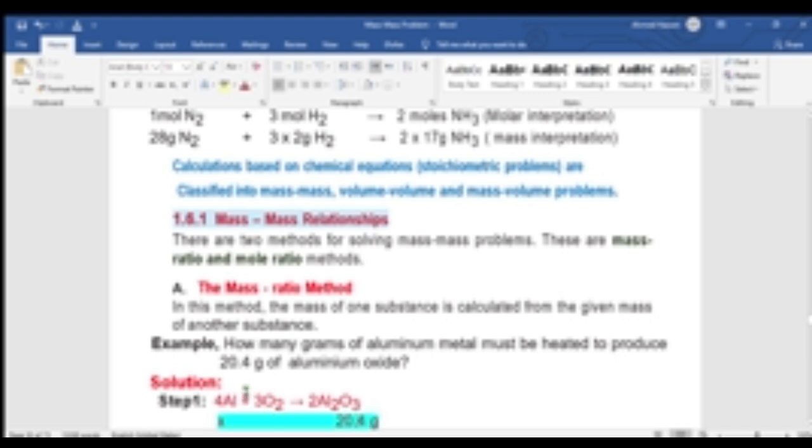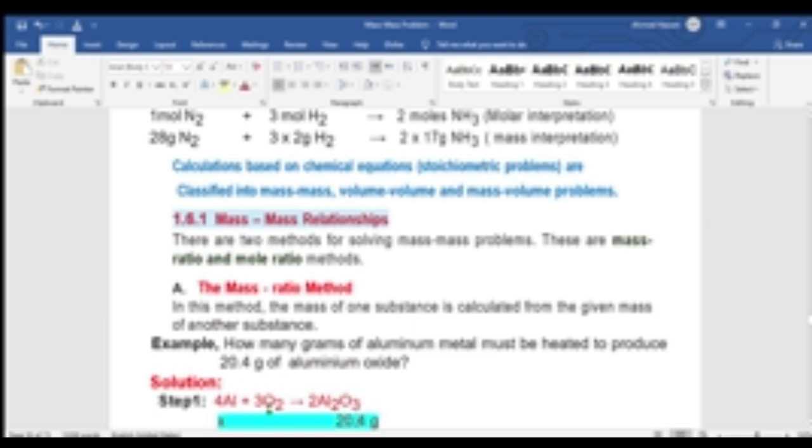There are steps to be followed. You write X above the required substance and the given value above the given substance, which means aluminum is required here. Therefore, you write X above aluminum and 20.4 above aluminum oxide.